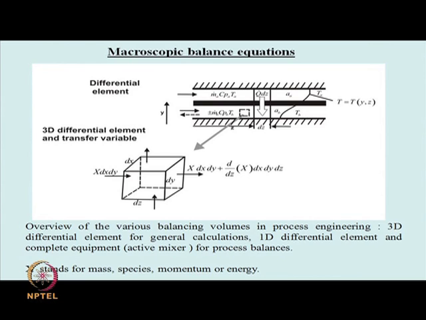So, you can take a control volume, defined by a certain distance, and therefore find out what is the total heat that is being added to such a system. If we can think that it is just a 1D process, then it is simple, we can take a 1D differential element and make such balances.